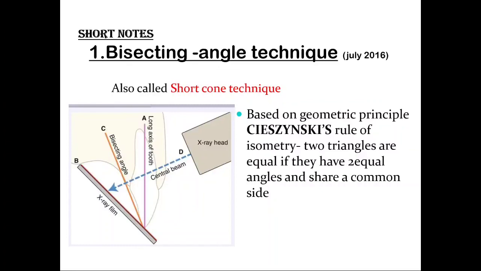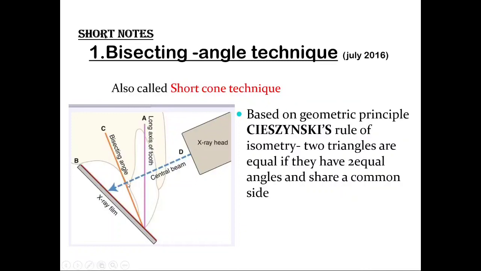In the rule of isometry, what it means is that you have two triangles that are being formed. The two triangles are formed by the long axis of the tooth and the X-ray film. You have the perpendicular bisector to this. You can see here the central ray of the beam passes in such a way that it is perpendicular to this perpendicular bisector.